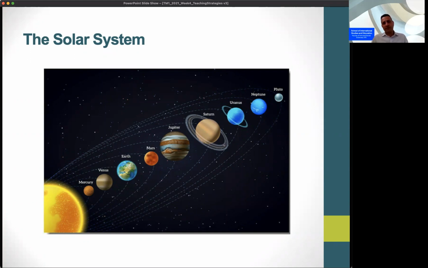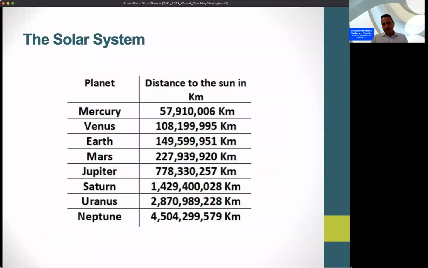It would give them certain numbers to do with these planets, whether it's the weight, the diameter, the circumference, the time it takes to go around the sun, or how far it is from the sun. And when you look at those numbers, they are 9, 10 digits. Straight away, leaving it to the students, they can get lost quite easily.